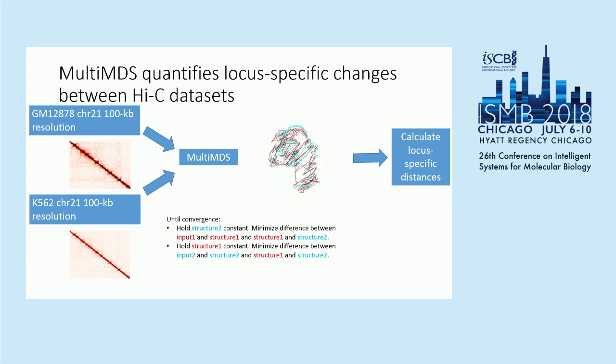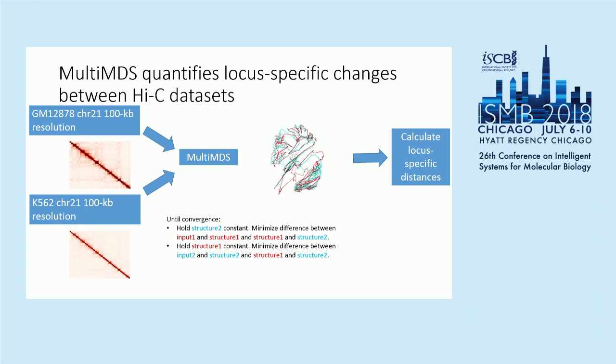How the algorithm works, it's a modification of MDS that involves first holding one structure constant and finding an embedding for the other structure that simultaneously minimizes the difference between the input data and the embedding and the difference between structure 1 and structure 2. And then you iterate between those 2 steps until convergence is achieved.